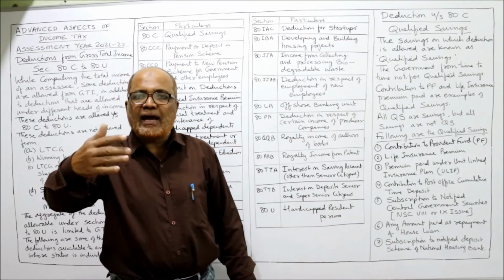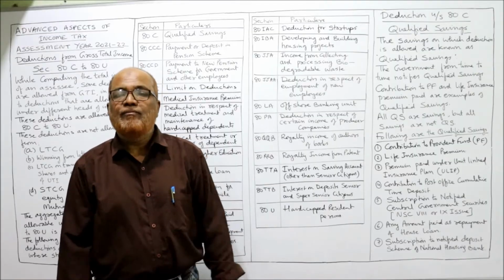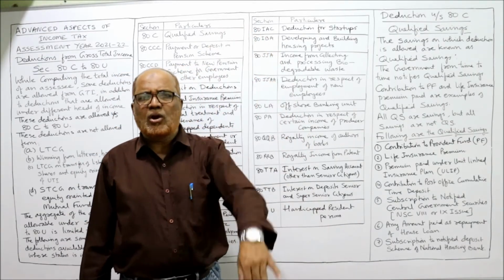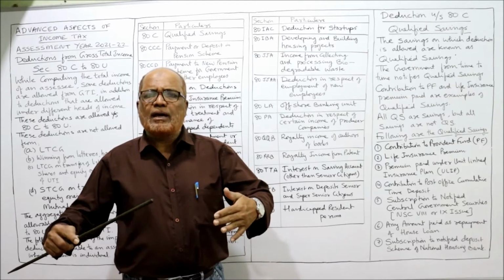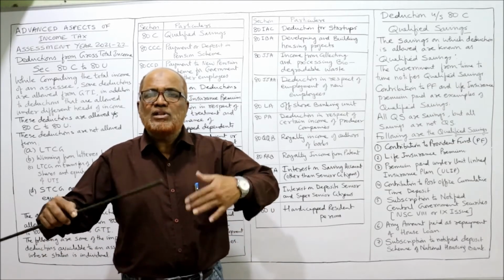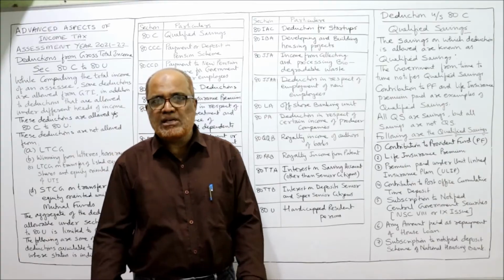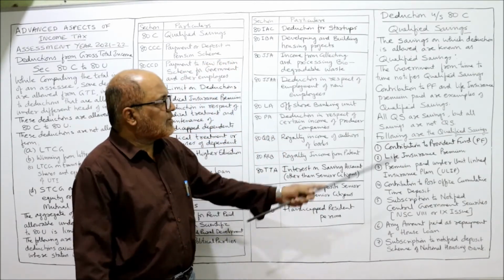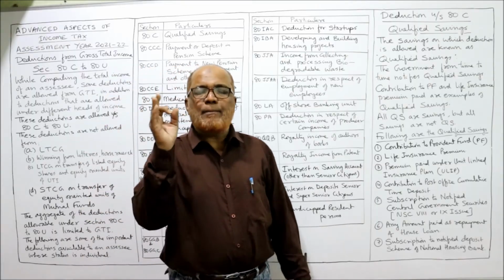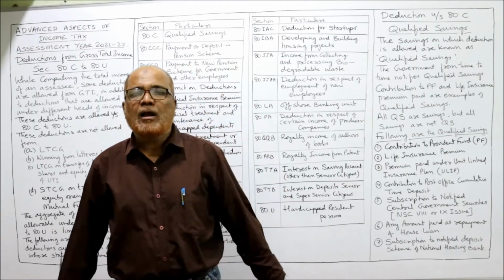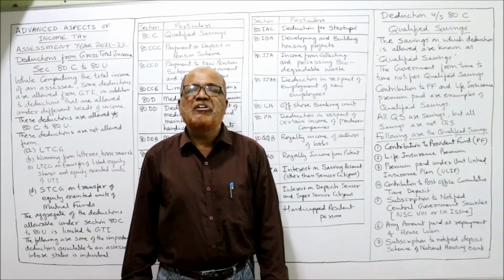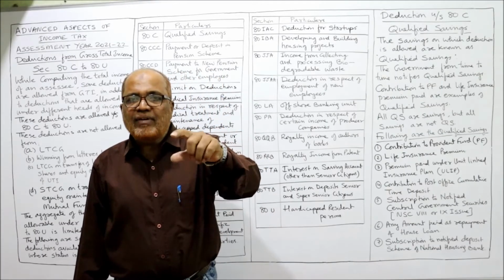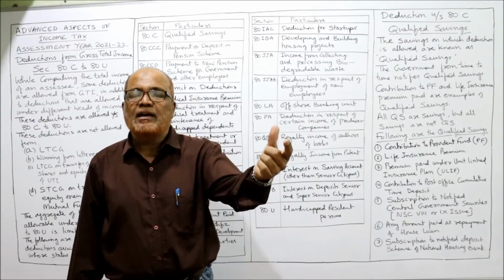The government from time to time will notify which are the qualified savings. These qualified savings have not been fixed since long. Every year, whenever the government thinks, they will change the qualified savings and add more items. Now, the best examples of qualified savings are contribution to Provident Fund, PF, and life insurance premium paid.